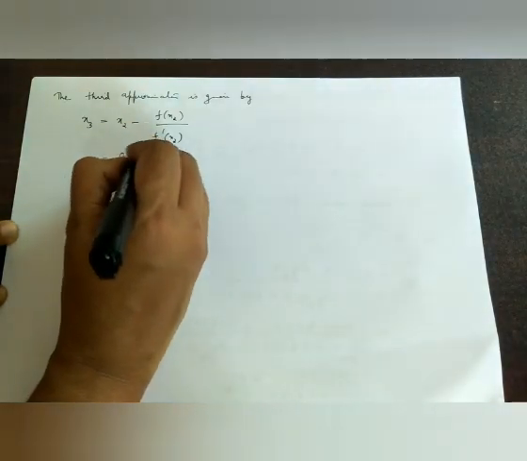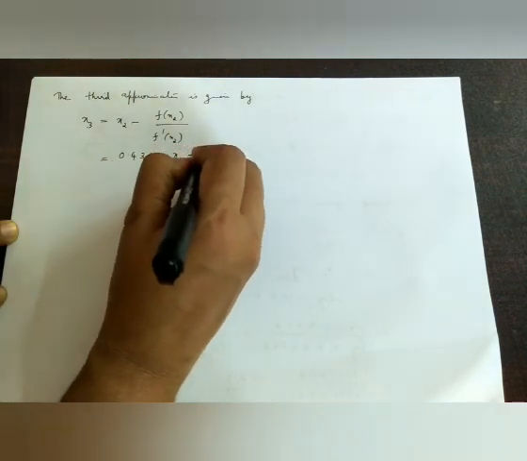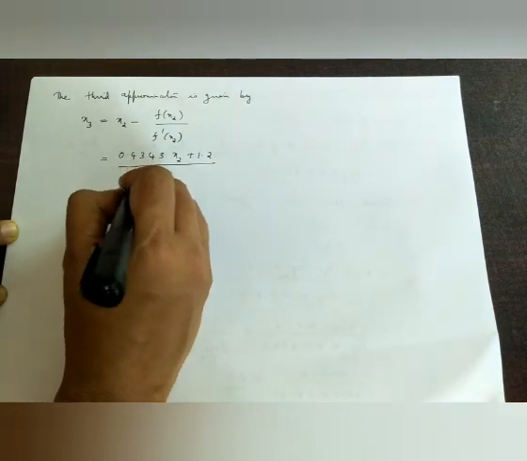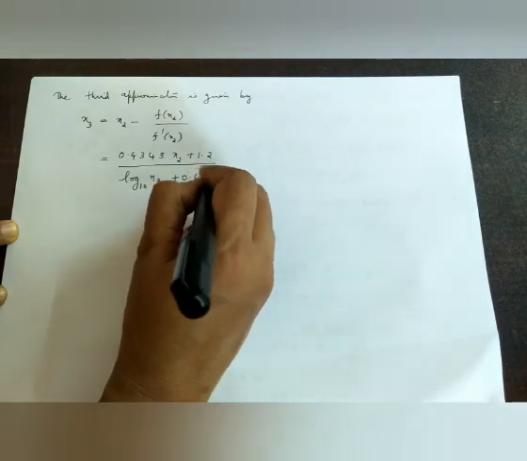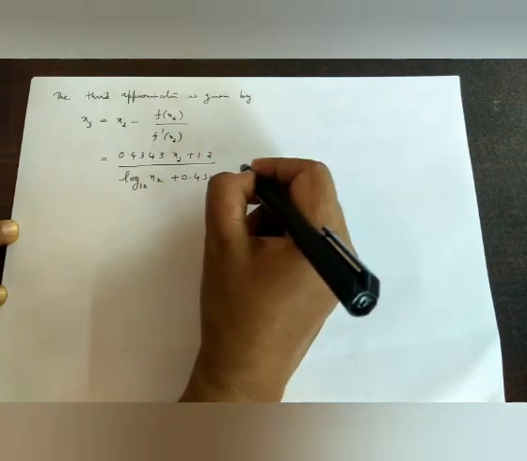We substitute it, that is 0.4343 into x2 plus 1.2 divided by log x2 to the base 10 plus 0.4343. In the place of x1 we substitute x2.